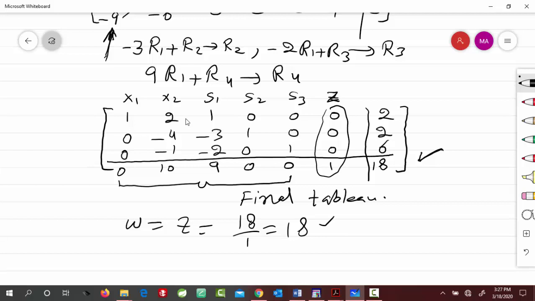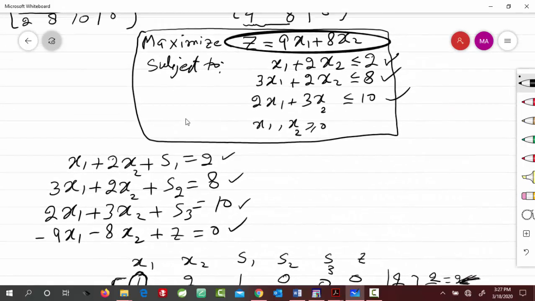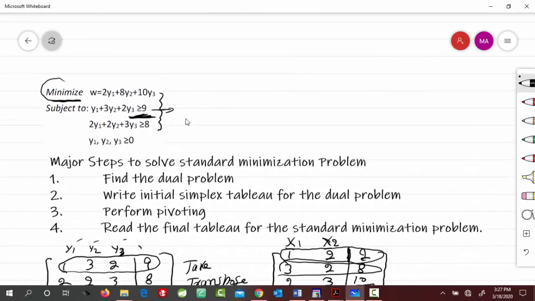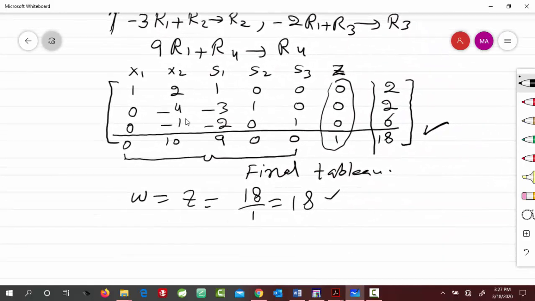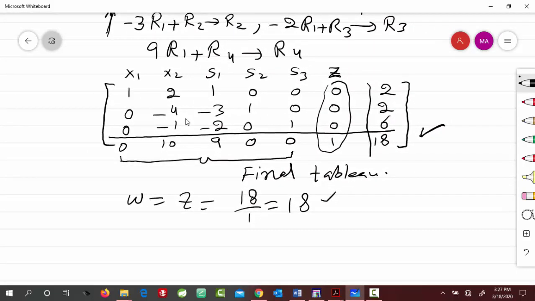We have to read values for the variables y1, y2 and y3, because in our original problem, our variables were y1, y2 and y3. To read those values, you have to look under S1, at this last number, divided by this number here under Z. So y1 would be 9 divided by 1, which is equal to 9.